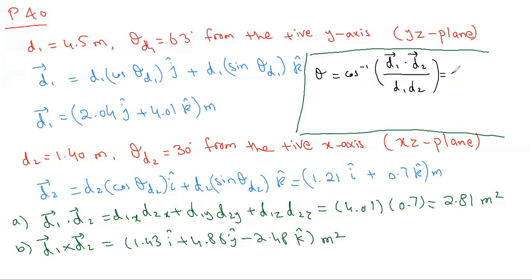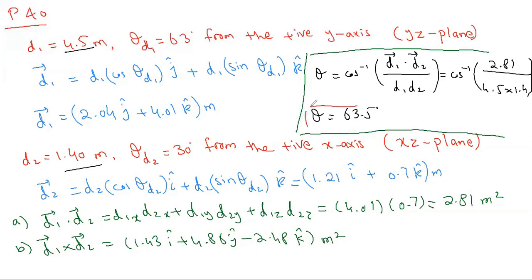So this will be cos inverse of 2.81 over 4.5 multiplied by 1.4. By the way, this is given here. So theta will be 63.5 degrees. So this is the answer, this is the answer, and this is the answer.